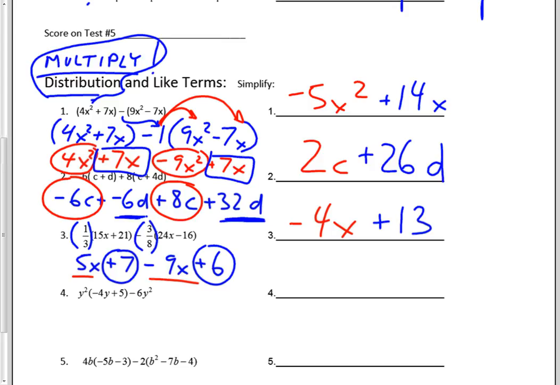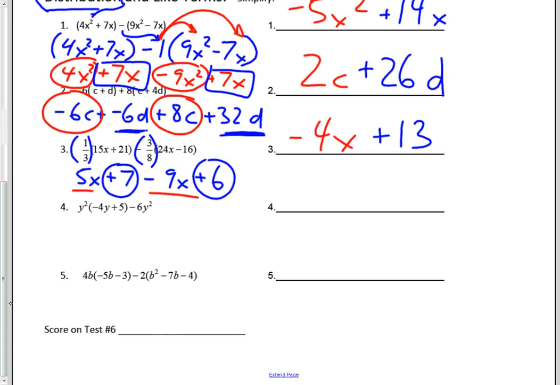Are you figuring out what you did wrong? Up until this point, we haven't done anything with the exponents. Now we are. What is y squared times a y? How many y's do I have now?